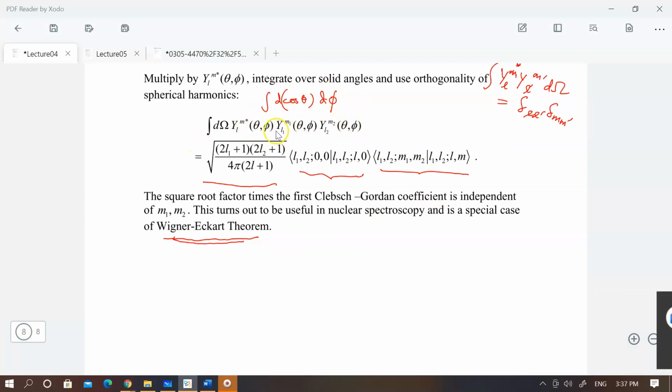Well, all of these are going to be functions of theta and phi. So in other words, your d omega is what? d omega is that. Let me write it in terms of the two integrals: phi from 0 to 2 pi, and d cos theta from -1 to +1.